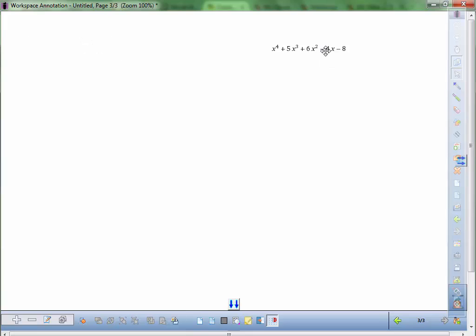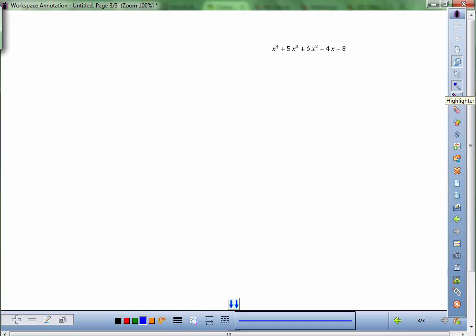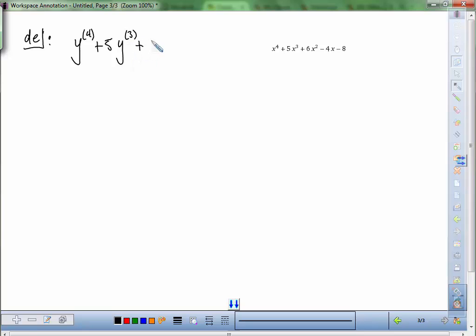So x to the fourth, let me just copy it. And we put it on the side here, and say now my example is going to be the fourth derivative of y plus 5 times the third derivative plus 6 times y double prime minus 4y prime minus 8y is equal to 0.